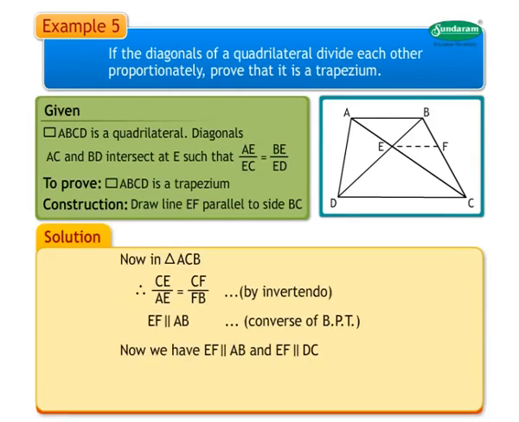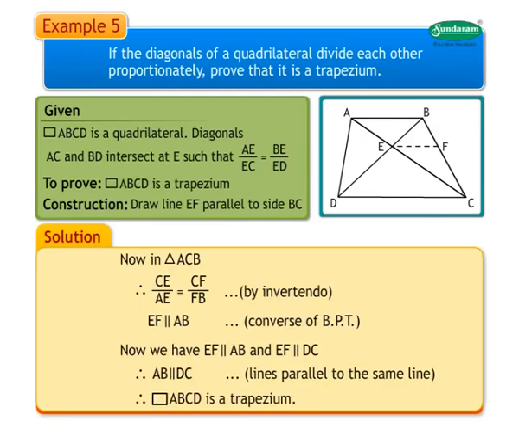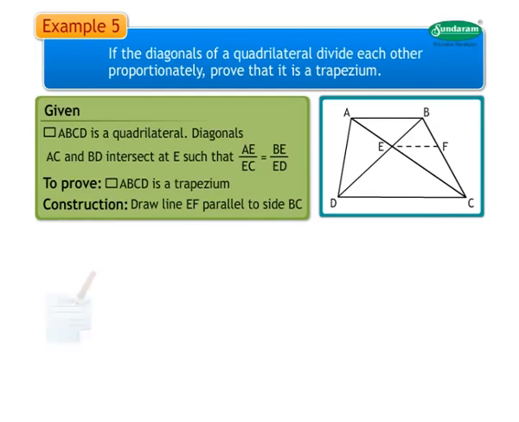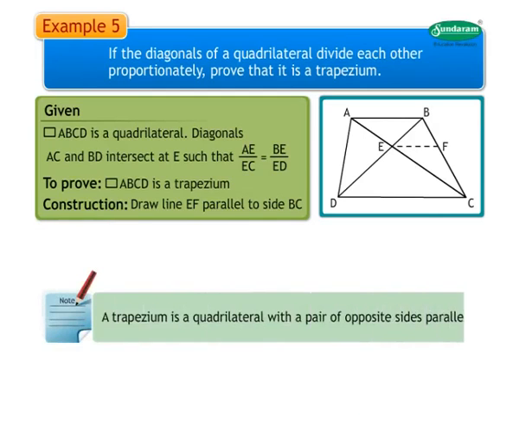Now we have EF is parallel to AB and EF is parallel to DC. Therefore, AB is parallel to DC as they are lines parallel to the same line. Therefore, ABCD is a trapezium. Note, a trapezium is a quadrilateral with a pair of opposite sides parallel.